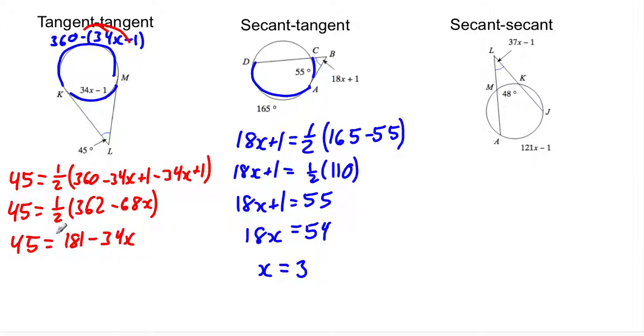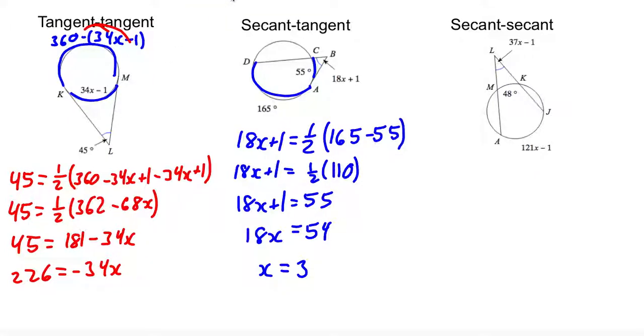If I add that 181 to both sides, I'm going to get 226 is equal to negative 34x. I'm sorry, that was a minus. I should have subtracted. So if I subtract 181, I'm going to get negative 136 is equal to negative 34x.